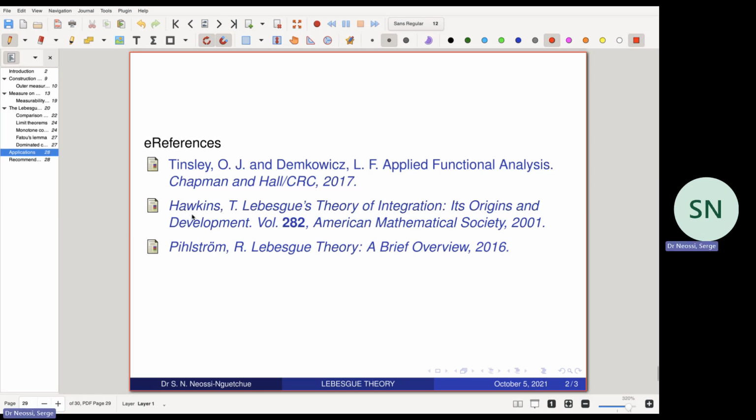The second one is Hawkins, Lebesgue's Theory of Integration: Its Origin and Development, Volume 282, published by the American Mathematical Society in 2001. And the last reference is by Pilström R., Lebesgue Theory: A Brief Overview, published in 2016.